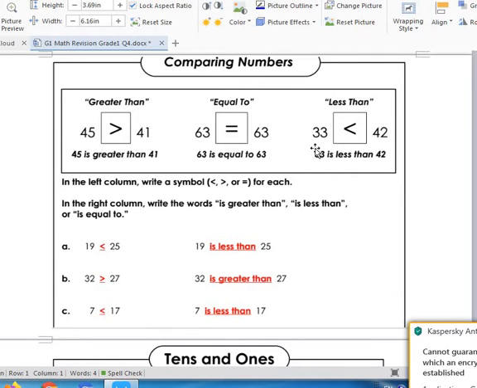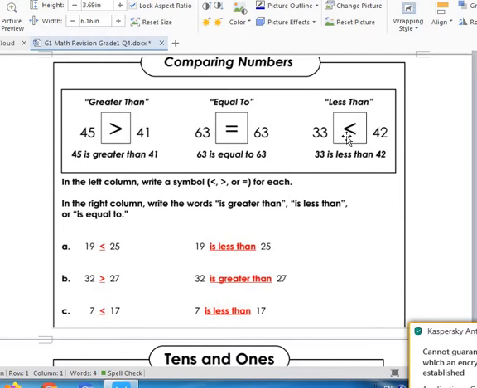Comparing numbers, start with your left hand. Here my left hand goes to the tens, which is 3. In the other number, the tens is 4. Which is greater, 4 or 3? 4. So 42 is the greater number.